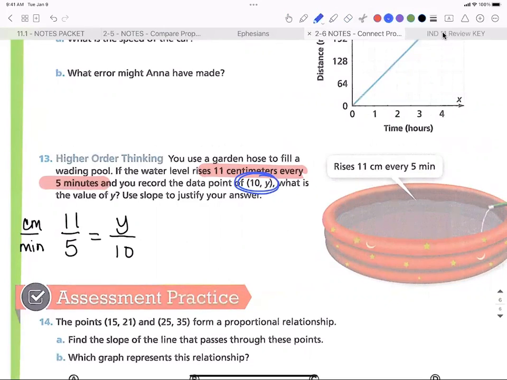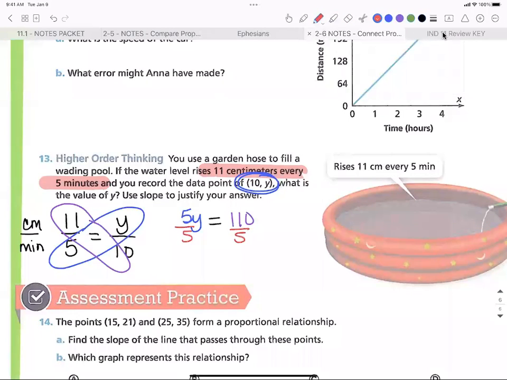Now we can solve for y, and we get 5 times y is 5y, and it's always one wing equals the other wing. So this is 110. Divide by 5 and divide by 5. And you get y equals 110 divided by 5 is 22.